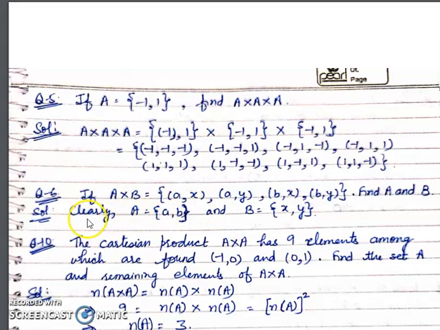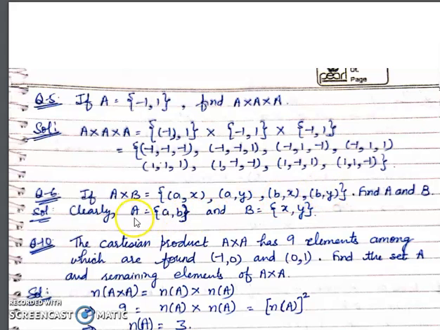Now next, question number 6. If A cross B is equal to {(a,x), (a,y), (b,x), (b,y)}, find A and B. Now A cross B means first element from A and second element from B. So from this we observe that the first elements are a and b.